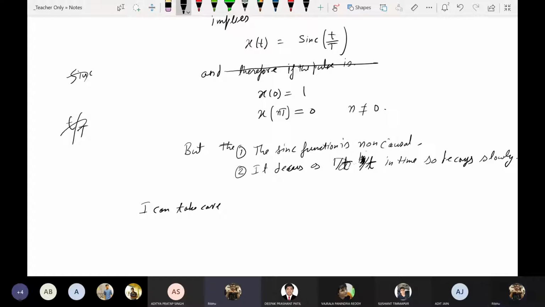See, sin pi t by T divided by pi t by T, this is it, right? Yes, sir. So it decays like this.